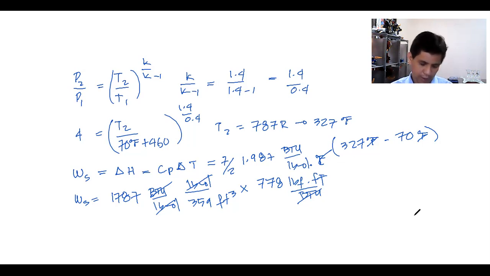So just 1,787 times 778 divided by 359. You have 3,873. Okay, and then I guess there are four. Ganun kasi there are four compressors.